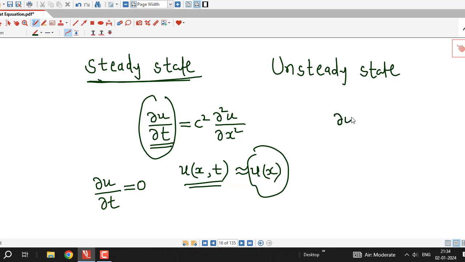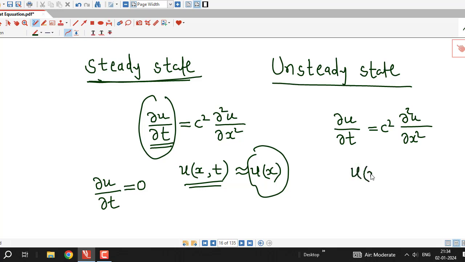In unsteady state U depends on the time T. So whatever questions we have discussed so far, in all those questions we are considering U as a function of both the variables X and T. So we have taken unsteady state into consideration so far.